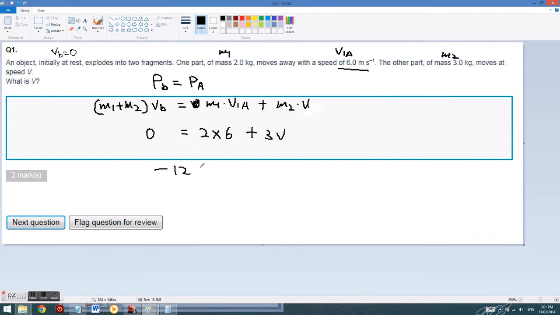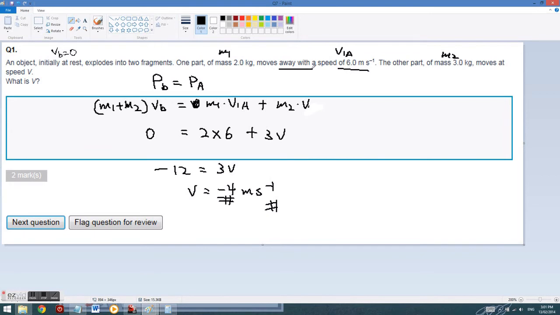Now I have minus 12 equals 3V. Now V will be minus 4 meters per second. Minus 4 meters per second means it moves opposite to the direction of M1.